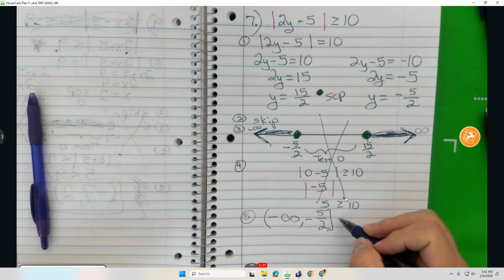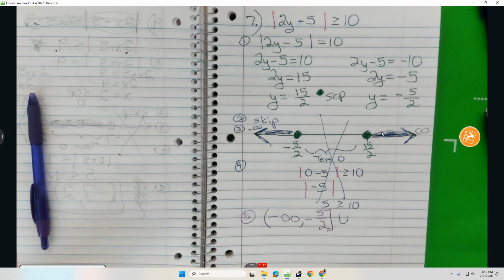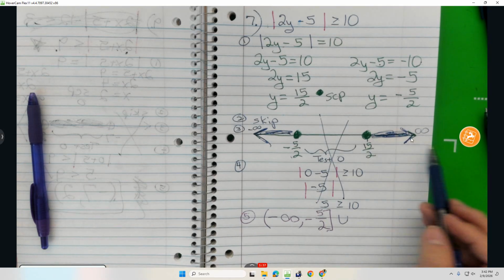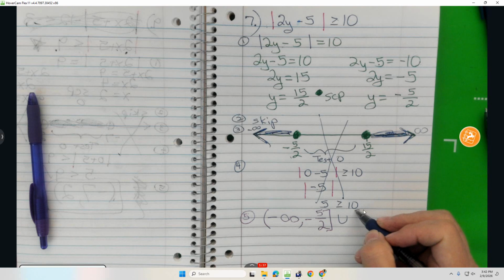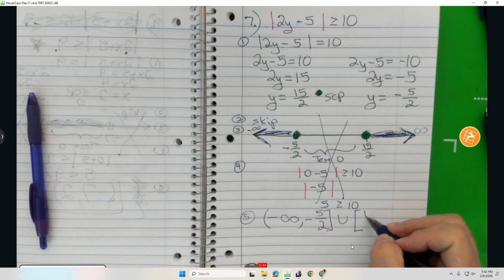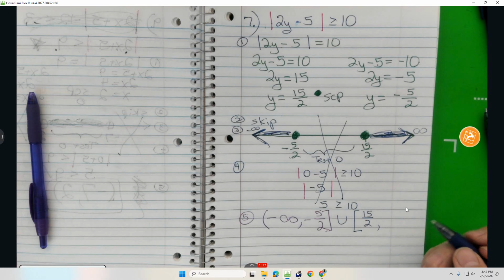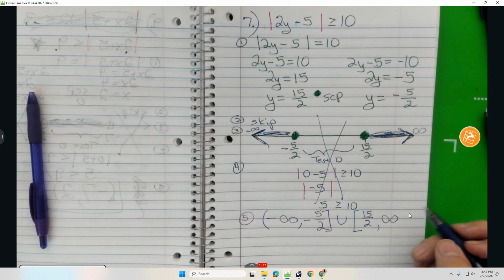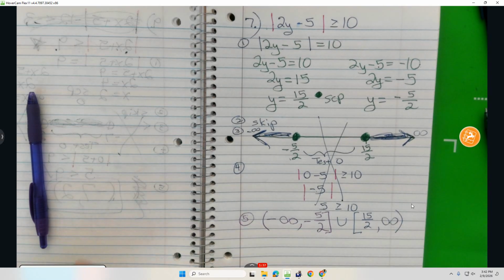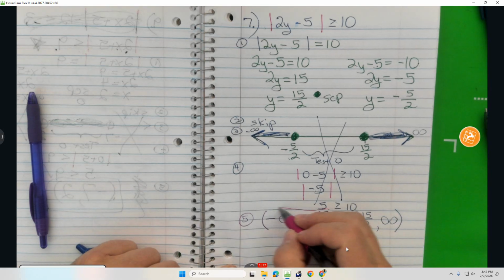Or, so we use the little union from the toolbar, the second interval, bracket, because 15 halves is shaded, comma, infinity, parentheses, for my final answer.